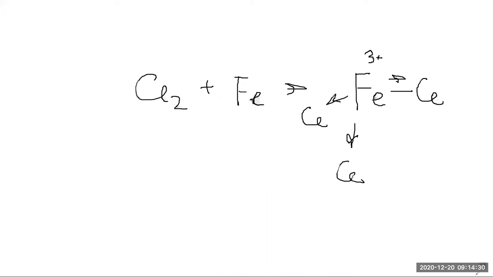In the experiment which I demonstrated, the permanganate ion is this. So who can tell me what is the oxidation state of manganese here? Manganese is a metal, so it is not electronegative. Oxygen is electronegative. Oxygen withdraws electron density.